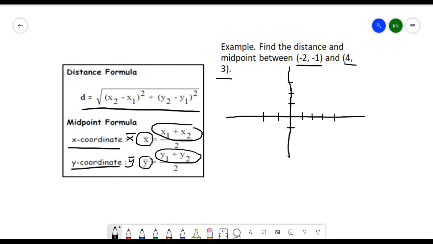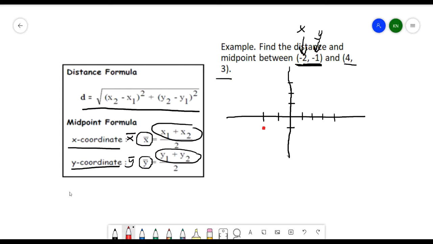So if we graph the first set, the data points -2 and -1, this one is our x and this one is our y. So -2 is found here and -1 is found below. That is found here.